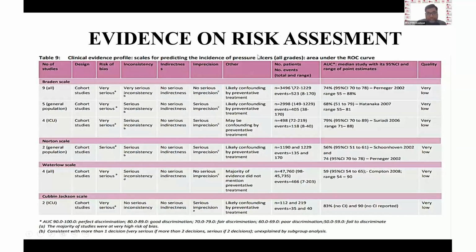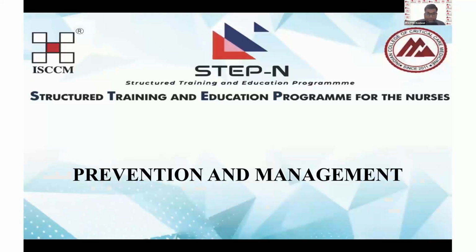This is the evidence of risk assessment under the curve area: Braden scale, Norton scale, Waterloo scale, and Cubbin Jackson scale. But the most common is the Braden scale. If you take the Braden scale alone, it has a very low quality index. But when combined with your clinical precision, it becomes very high quality.